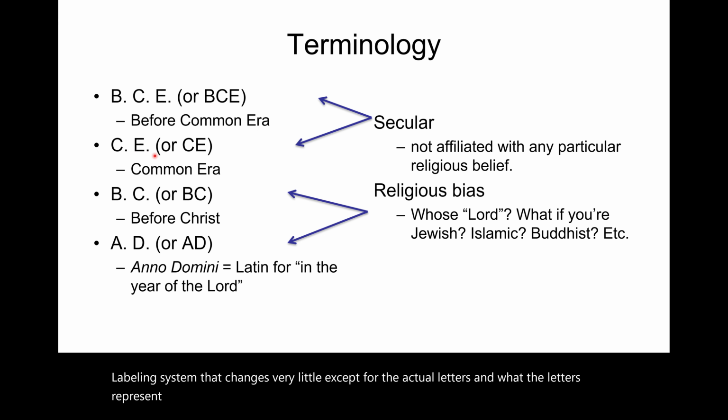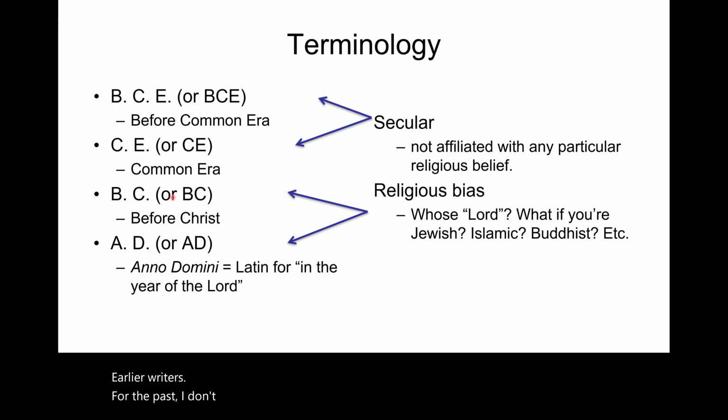So, and I'm going to show you a timeline in a second, but earlier writers, for the past 1,000 or more years, have been using BC for the periods of history before the zero on a timeline, and AD for years after the zero on a timeline.